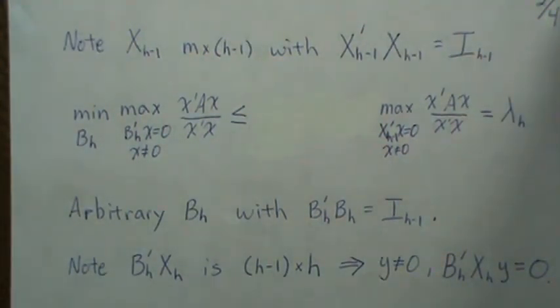So there's an equality sign. But if we only look at one and not the rest, then it has to be smaller than the maximum if we look at all of them.